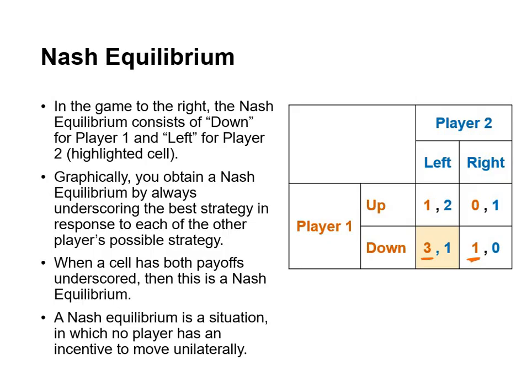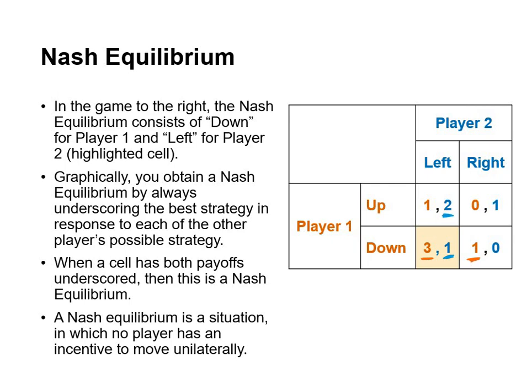Then we move to player 2. What is player 2's best strategy? If player 2 thinks player 1 plays up, shall player 2 play left and get 2? That's better than 1, so of course player 2 will play left. If player 2 thinks player 1 plays down, shall player 2 play left and get 1, or play right and get 0? Of course, 1 is better.